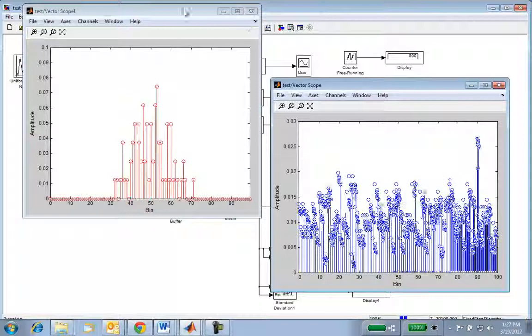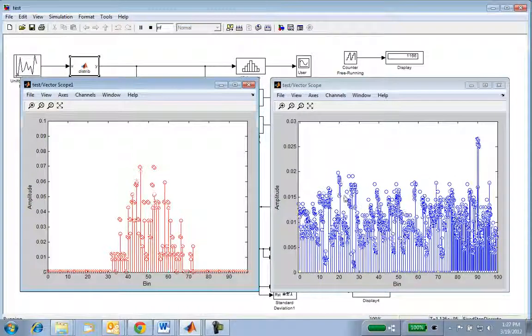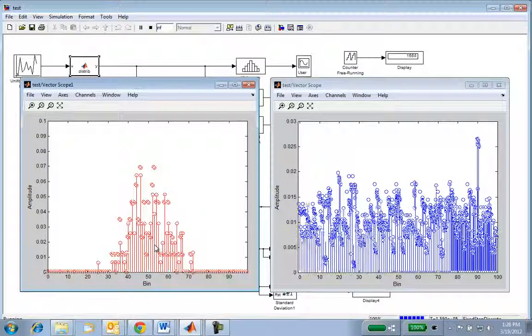We're plotting about 1,000 samples through these models now. On the right-hand side, this is the uniform random number distribution, and it's starting to settle down to a straight line, and on the left this is starting to look like a Gaussian. So why don't we come back to the simulation when a little more time has passed and see whether this actually does look more like a Gaussian.